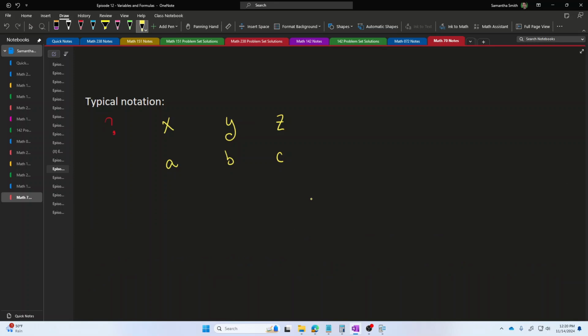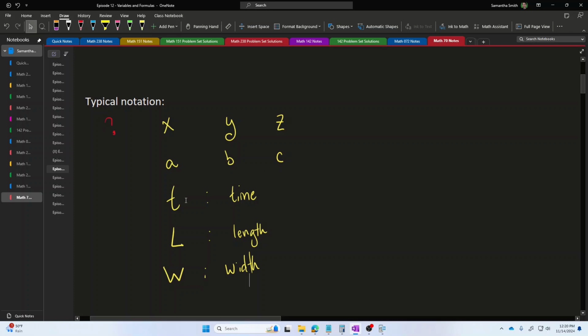For example, you might see the letter T if it is standing for an unknown time. Or you might see the letter L if it is standing for an unknown length. Or you might see the letter W if it is standing for an unknown width or something like that. You might see letters that are standing in for the first letter of the word that represents the quantity that you're dealing with.